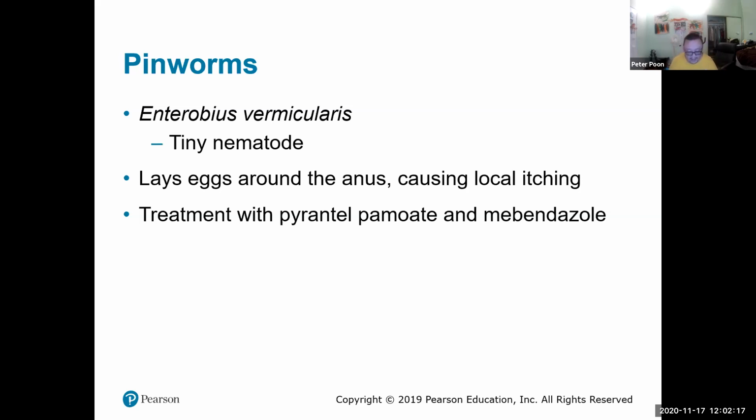They hide inside the digestive tract, but they come out to lay eggs on the surface of the skin near the anus when you're sleeping. When your body quiets down and you stop moving as much, the worms come out and lay eggs, which is what causes the localized itching.